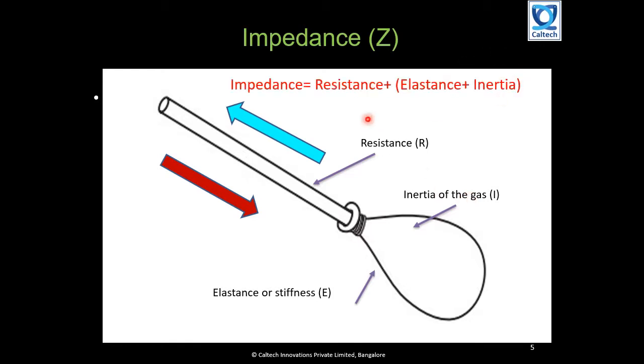So impedance is resistance plus elastance plus inertia. Now elastance and inertia together are termed reactance. Therefore impedance Z is equal to R, which stands for resistance, plus X, the reactance.